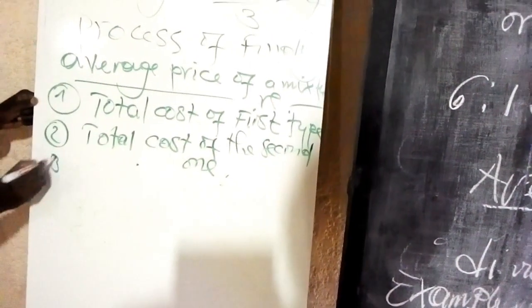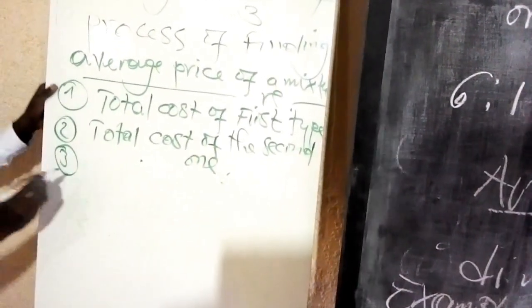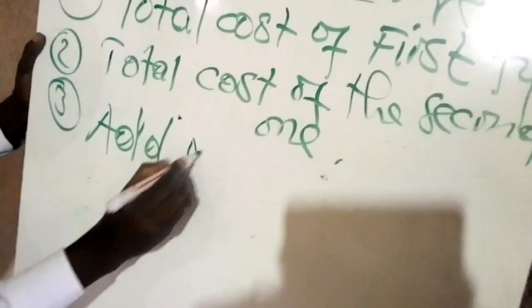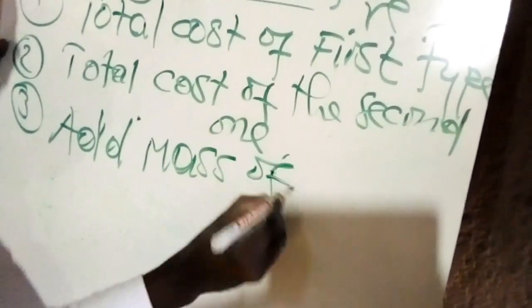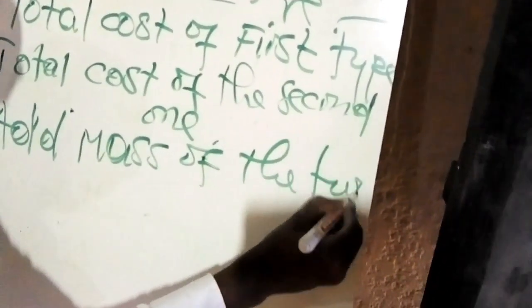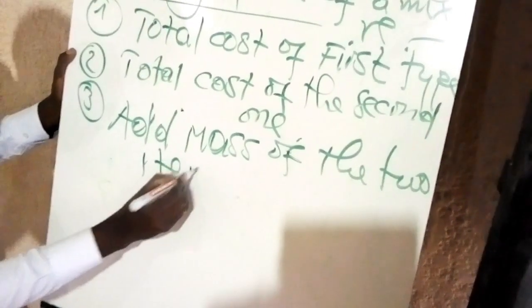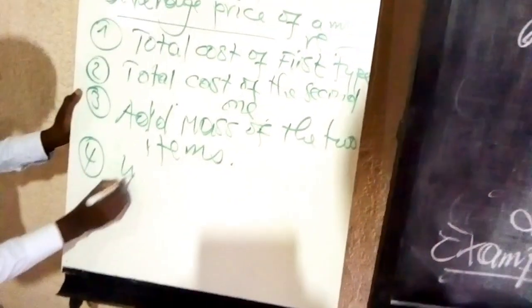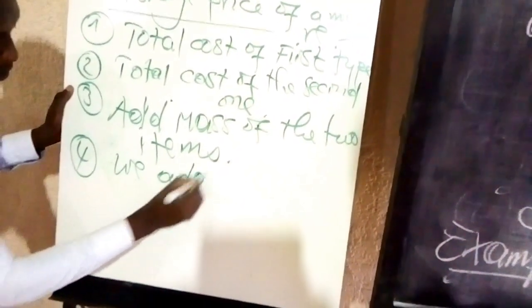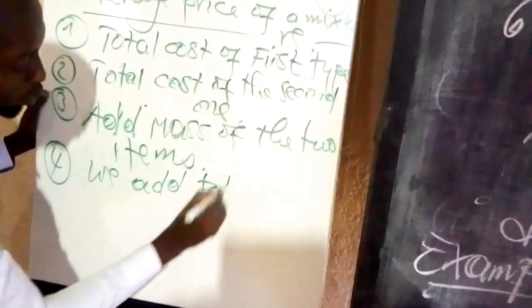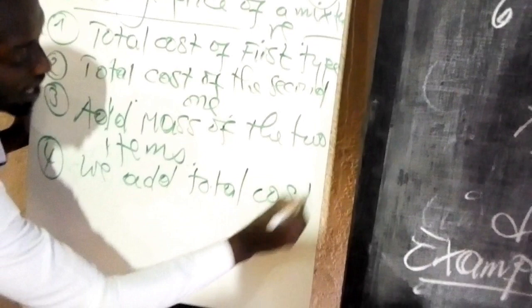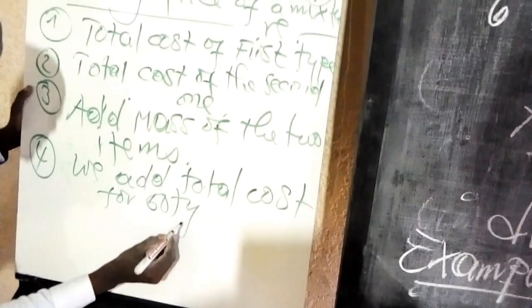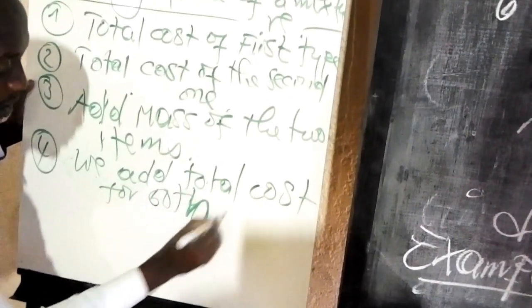Third, we add the mass of the 2 items. Fourth, we add the total cost of both types.